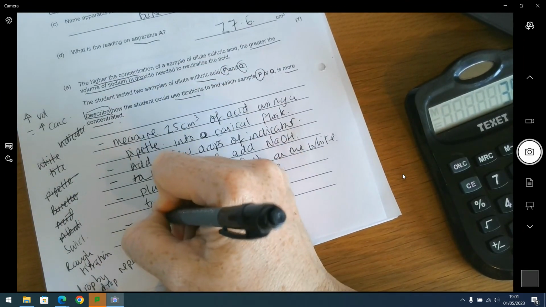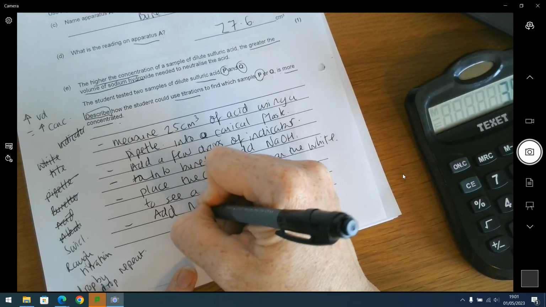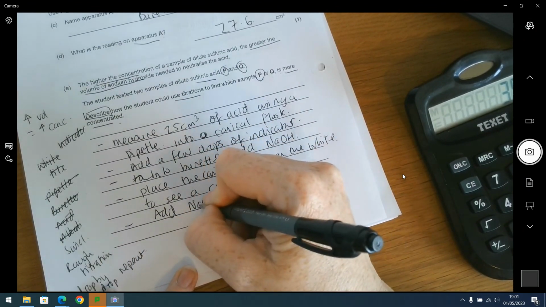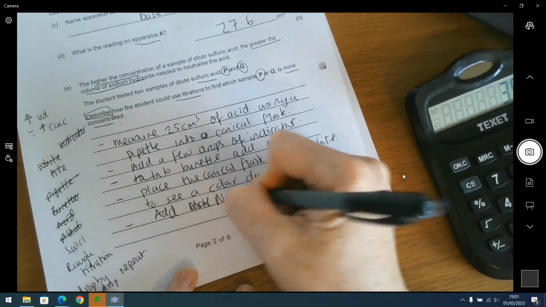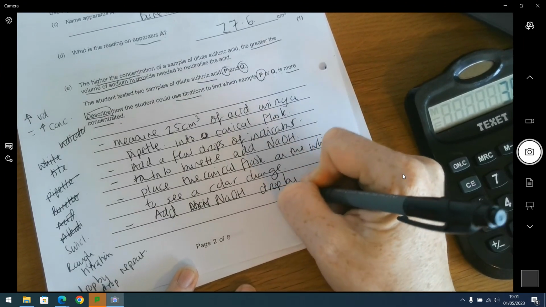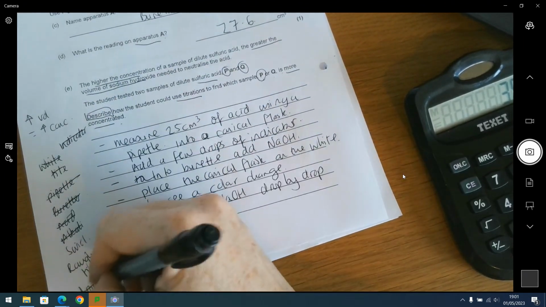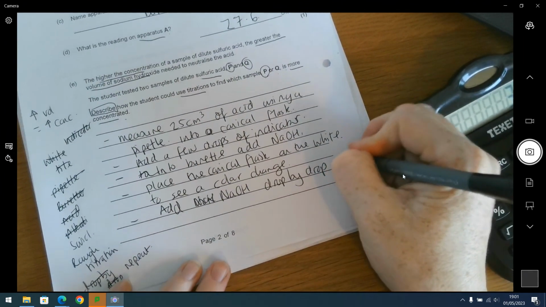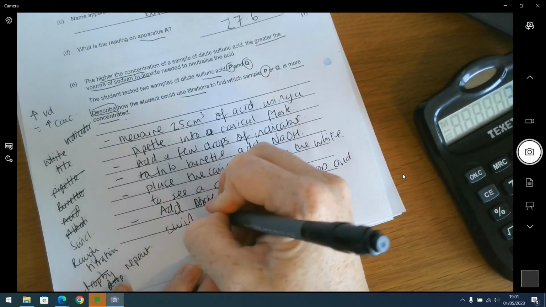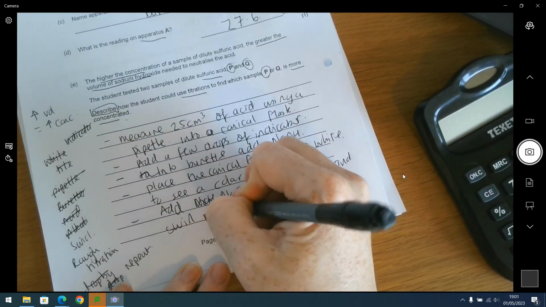I then add my sodium hydroxide drop by drop, and swirl each time it's added.